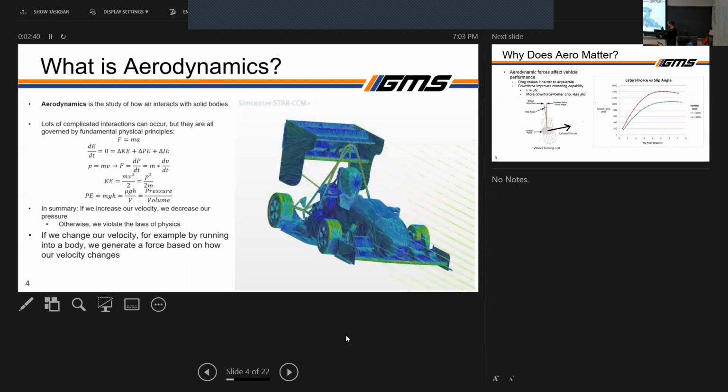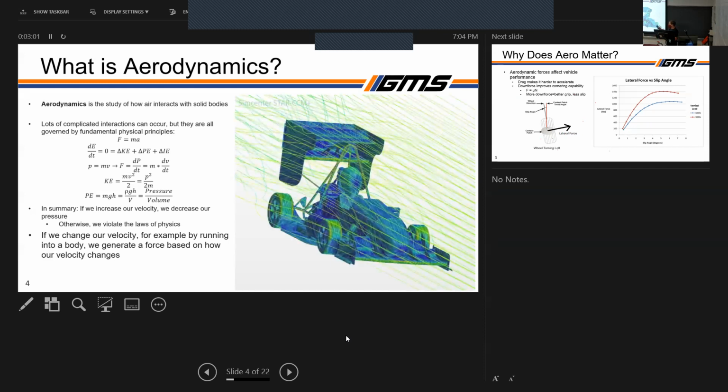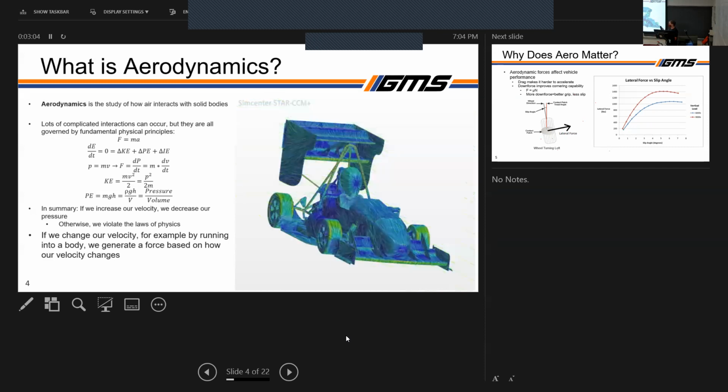But the thing is, those forces are always balanced by things like friction and things like work. So in general, for any kind of system, it could be a car in a wind tunnel, it could be me moving forward through this room, it could be anything. The change in energy has to be equal to zero. And specifically how that's balanced is by the change in kinetic energy, potential energy, and internal energy.